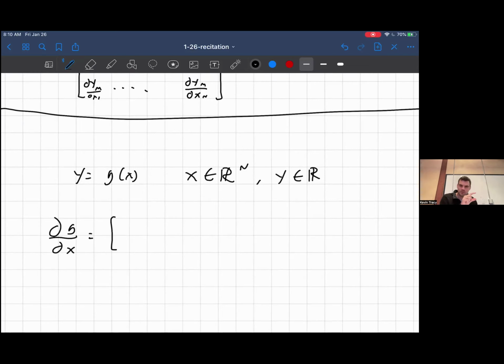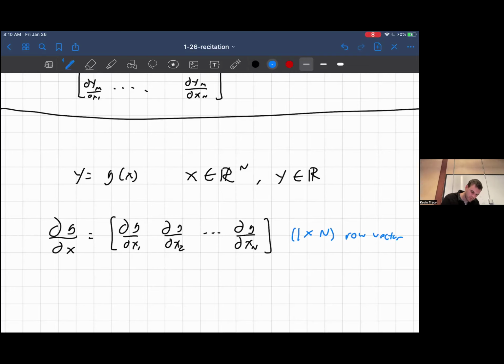So this means that our Jacobian is a row vector. This is dg/dx1, dg/dx2, dg/dxn. So very importantly, this is a 1 by n row vector.